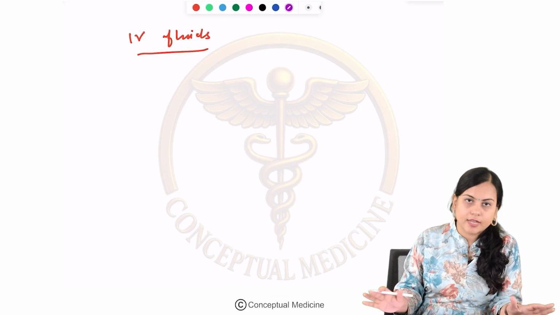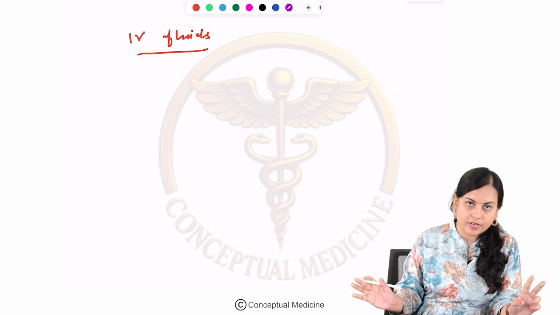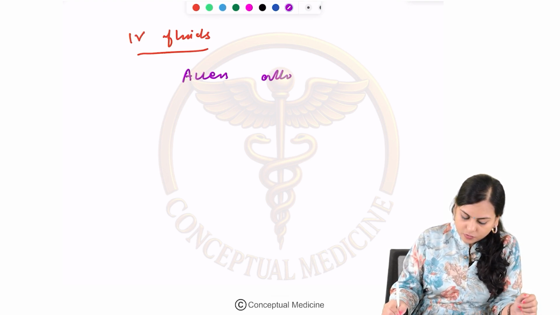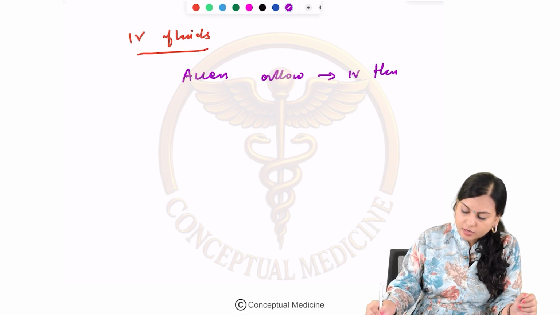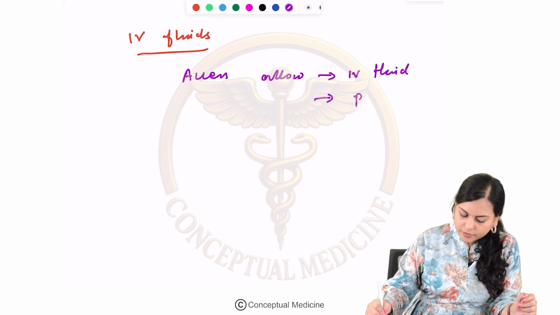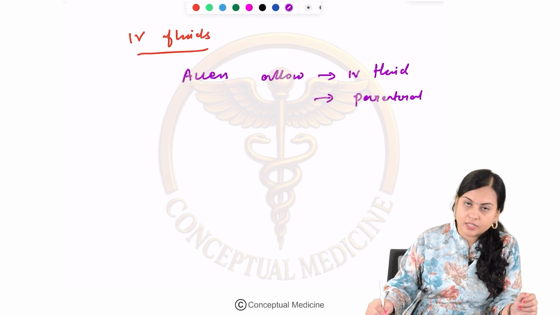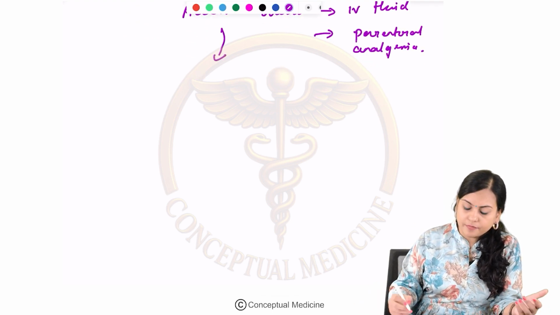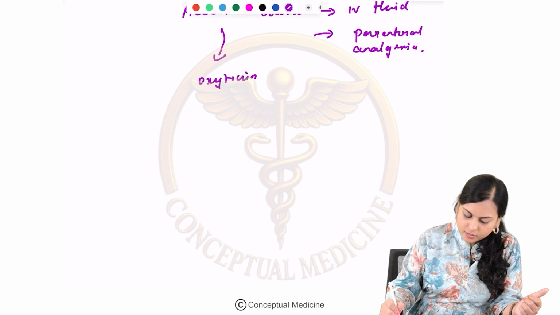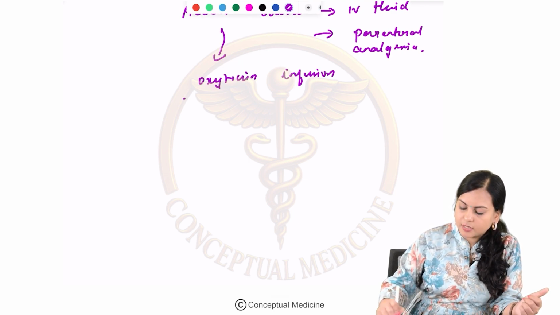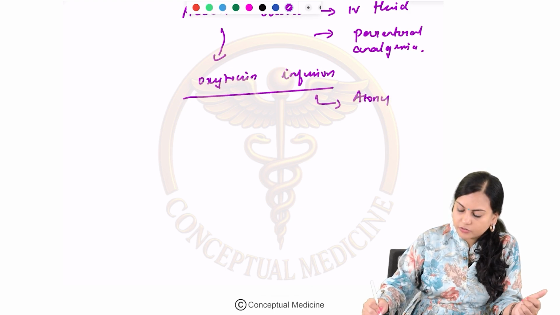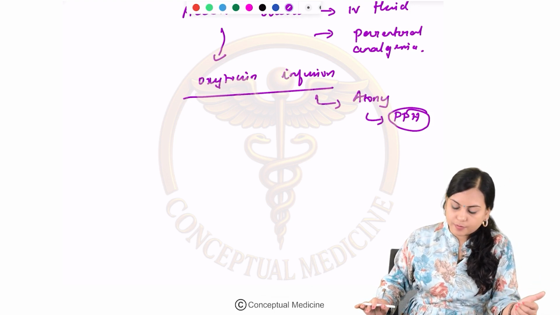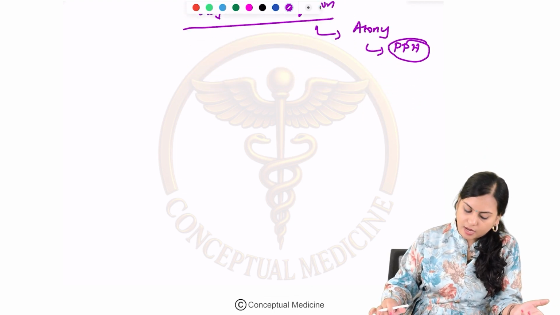So, you have to assess IV lines when the labor has started. 2 IV lines are good, and IV access will allow not only IV fluids, but also we can give parenteral analgesia if there is pain. And in the immediate puerperium, there is a need for oxytocin infusion also to prevent the atony of the uterus, and thus it will act as a prophylactic measure against PPH, okay. So, for that also IV access is needed.